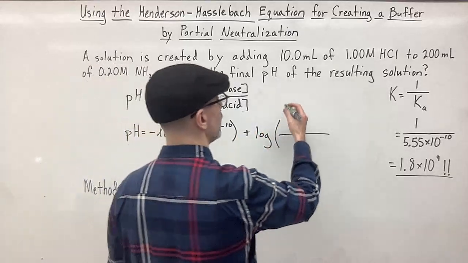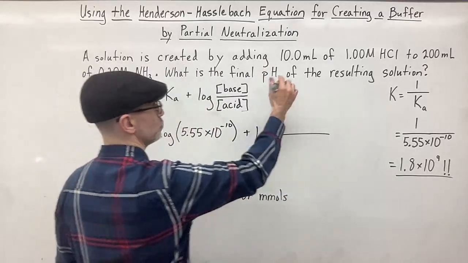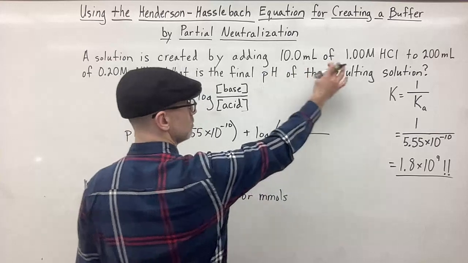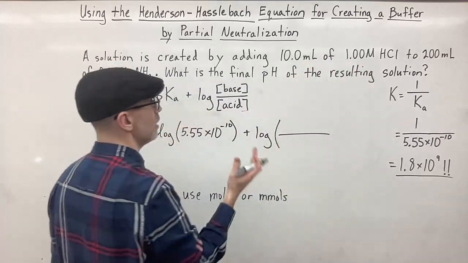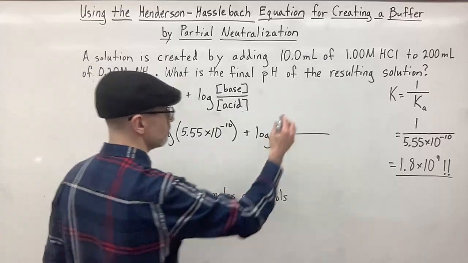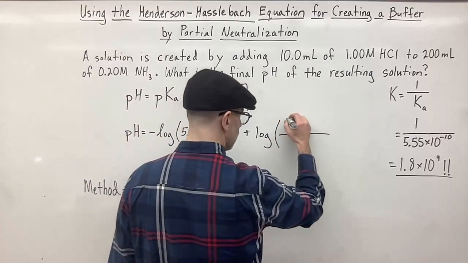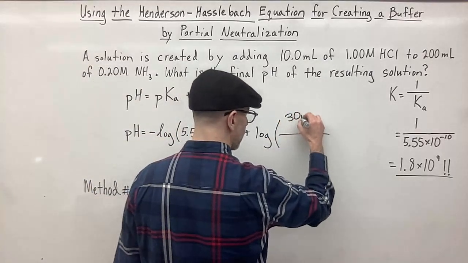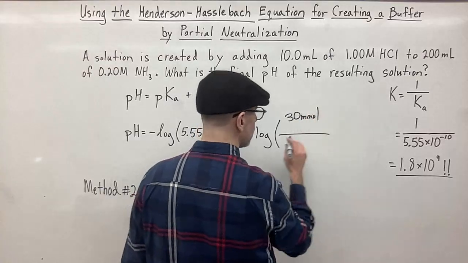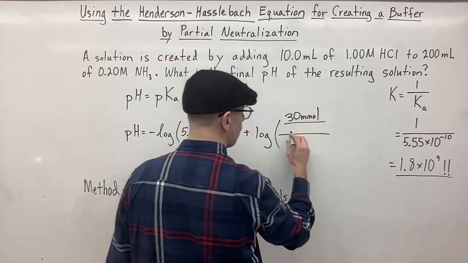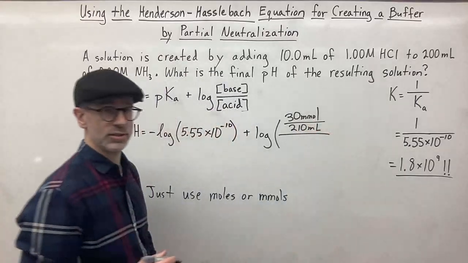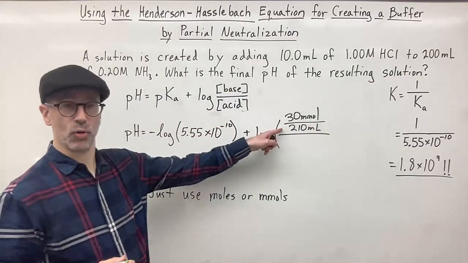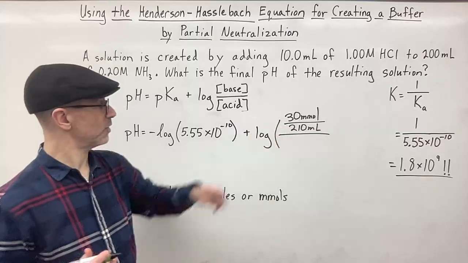Well, if we plug in the volumes and the molarities, for the base we had 30 millimoles divided by 210 milliliters. That's how we got the molarity of the base.